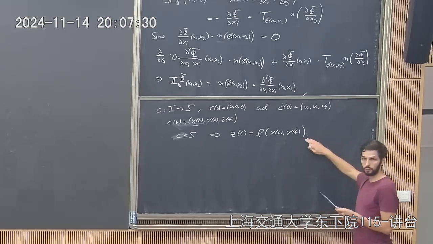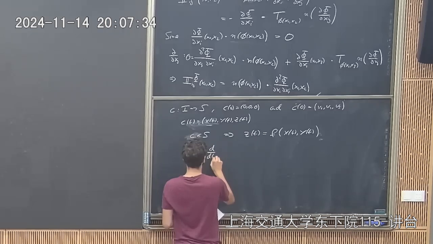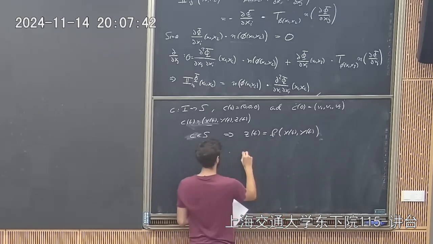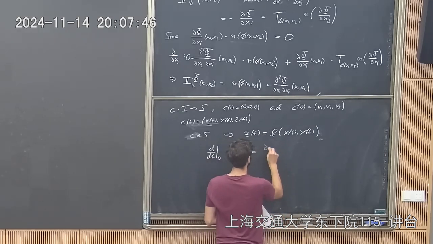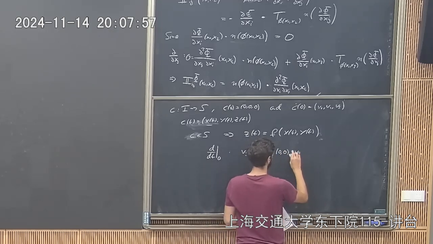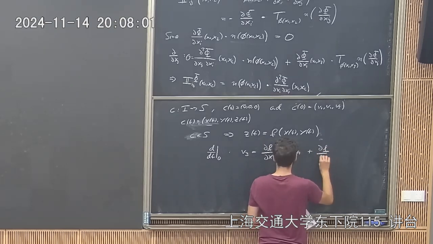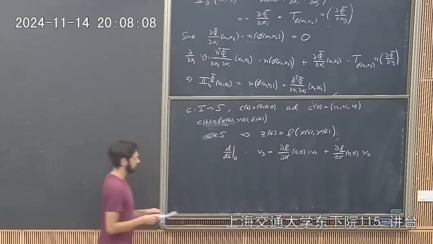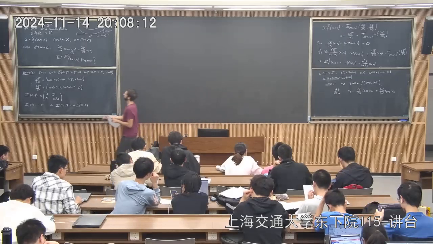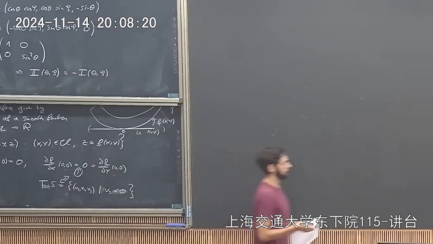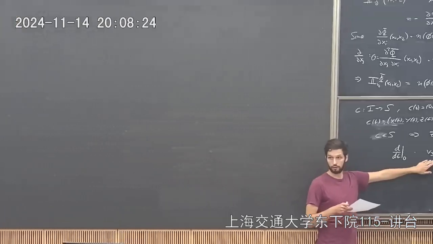If you now take the derivative of this expression with respect to t at 0, what you end up with is that the z component at 0, which would be v3, is df in the x direction at the point 0 times v1, plus df in the y direction at 0 times v2. So this requirement that dx and dy vanish at 0 gives us that v3 has to be 0.